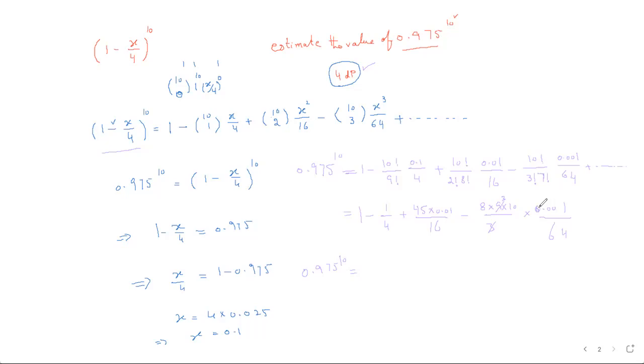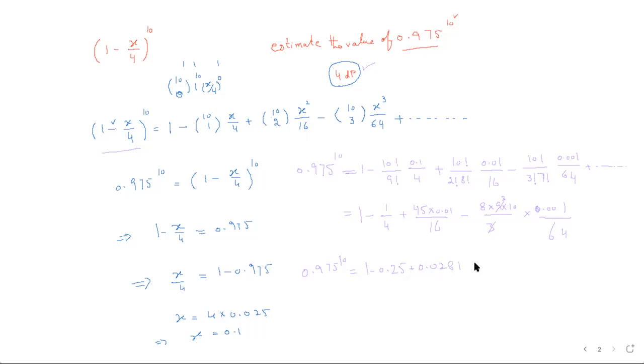So can you use the calculator? So 1 minus 0.25, and this number, can you find them? Plus 0.0281. You see, 1, 2, 3, 4.